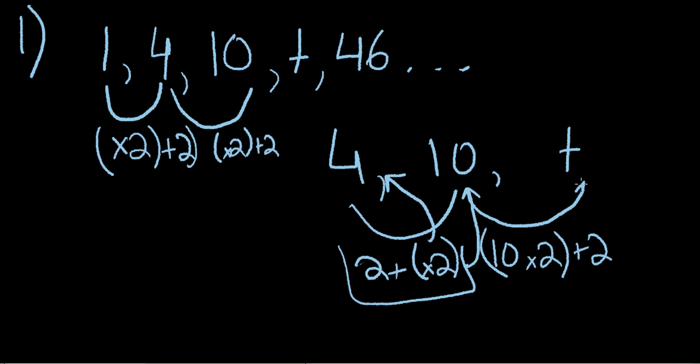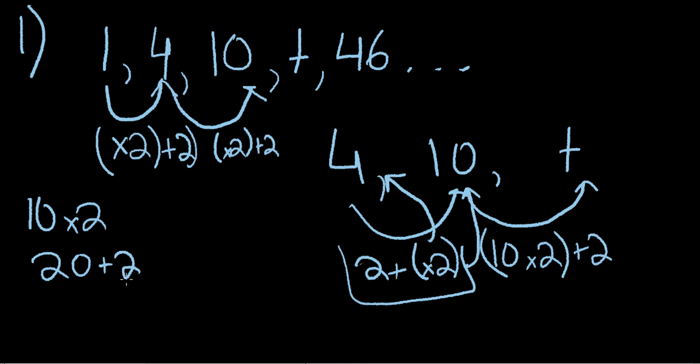I should give the arrows here so we know which direction they're going. Okay, so 10 times 2 is 20, plus 2 is 22. So the constant t is equal to 22. That's choice D.